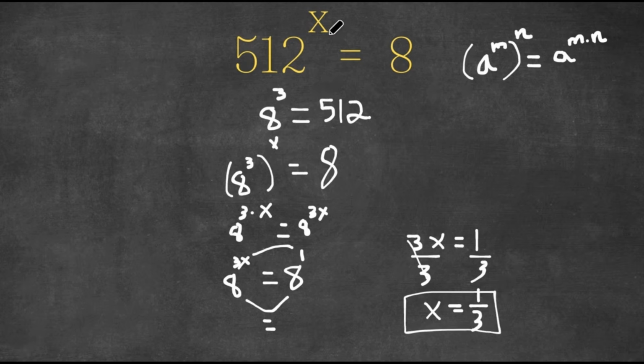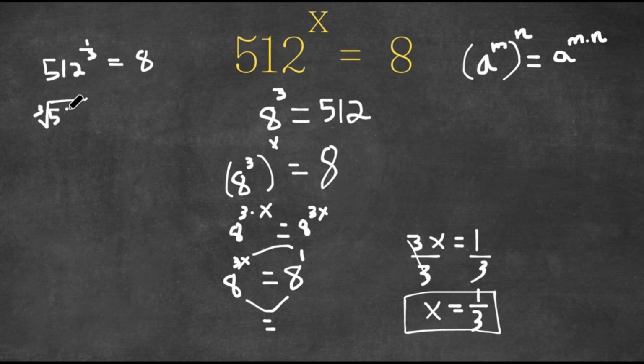Now, if we plug it into our equation here, if we have 512 to the power of 1 over 3 equals 8, well, 512 to the power of 1 over 3 is the same thing as the cube root of 512 equals 8.